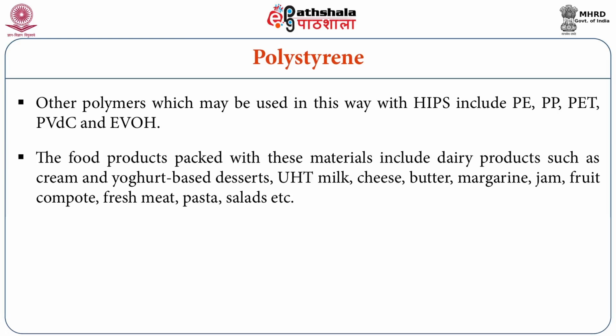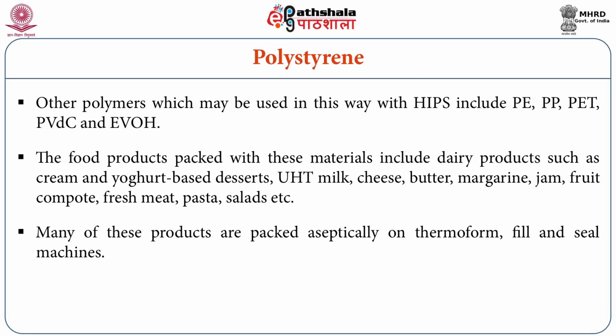The food products packed with these materials include dairy products such as cream and yogurt based desserts, UHT milk, cheese, butter, margarine, jam, fruit compote, fresh meat, pasta, salads, etc. Many of these products are packed aseptically on thermoform fill seal machines.